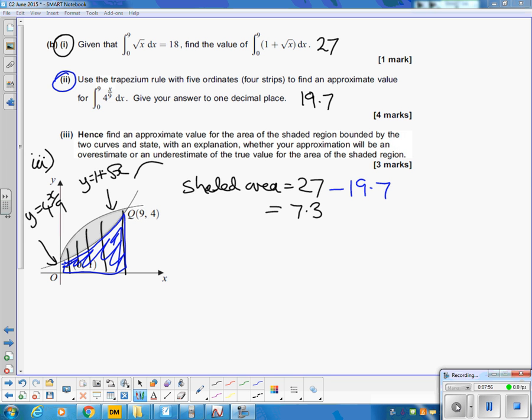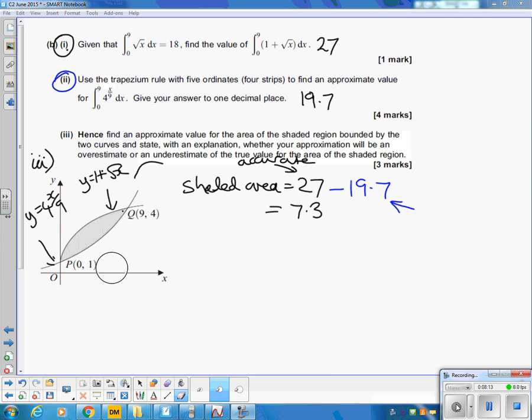There's an approximation. Now, why is it approximation? The answer to part 1 is accurate, and the answer to part 2, the 19.7, isn't accurate. It was an estimate. It was the trapezium rule. So if we have a look at this curve, we need to work out if our trapezium rule was an under or over estimate.